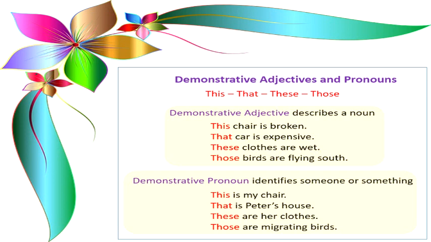In all these examples, with the words this, that, these or those, we are not using a noun. So that is the main difference. Alright? Demonstrative adjectives describe a noun and they are used with the noun. So, remember this point always.